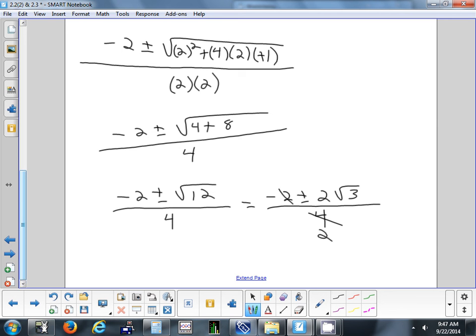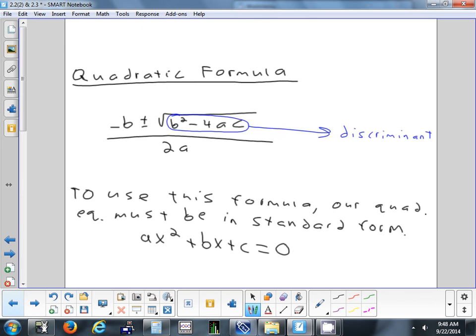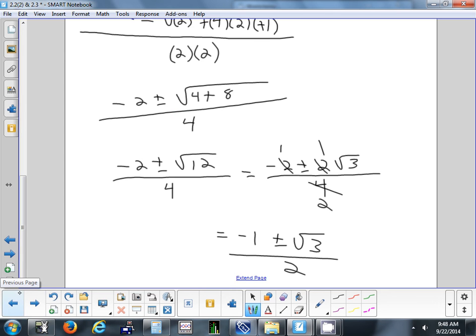Twice, and then into 2 once, and then into 2 once. Okay, so our final answer is negative 1 plus or minus root 3, divided by 2. If they ask you for the quadratic formula, generally don't bother with the decimal. Just leave it as an exact.